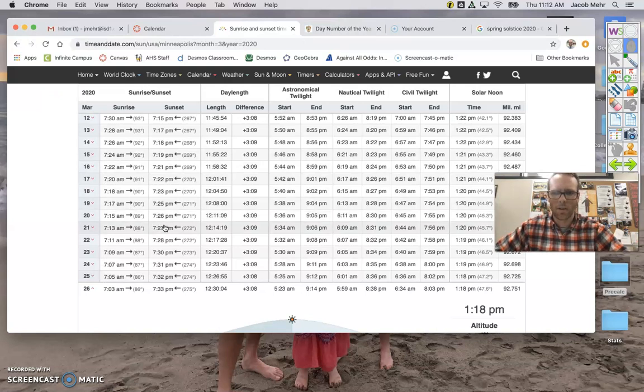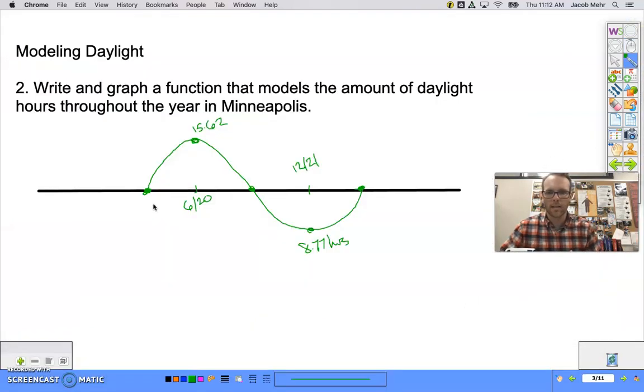I know I usually talk about it as the 20th. Because it was almost at midnight, let's use the 20th here. 12 hours, 11 minutes. So 11 out of 60 is 0.18. So we've got 12.18, and that happens on March 20th. How about this one? Well, that's in September.